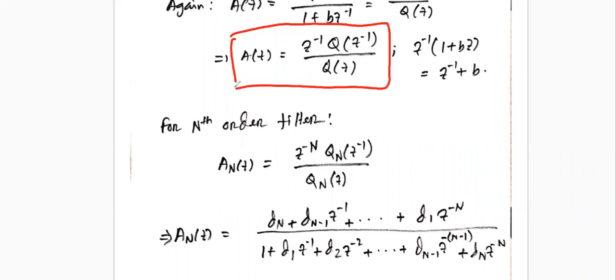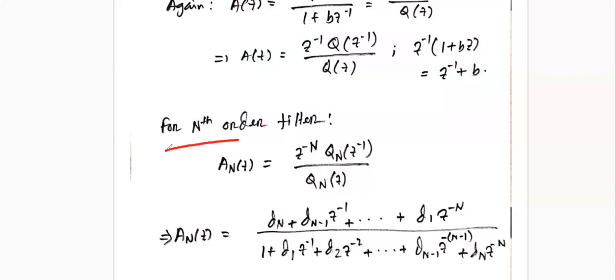Now, if we look at the nth order, what will happen? For the nth order, this 1 is replaced by z^-n times q_n(z^-1), and q_n(z) in the bracket is z.